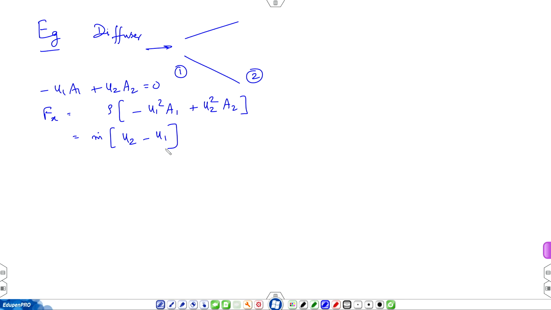And applying the energy equation, q dot is equal to rho times minus u 1 E 1 A 1 plus u 2 E 2 A 2, which is m dot. M dot is rho u 1 A 1, and is also equal to rho u 2 A 2.